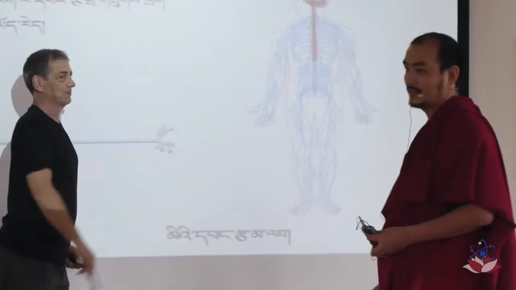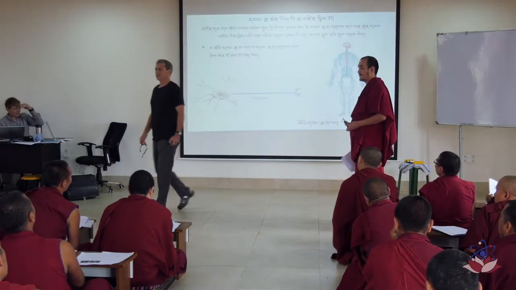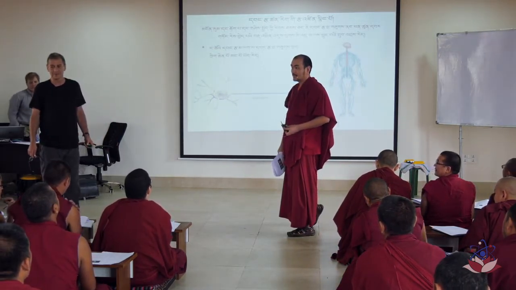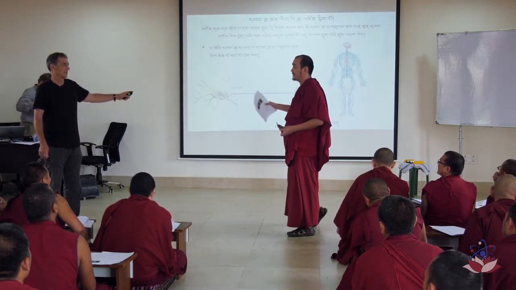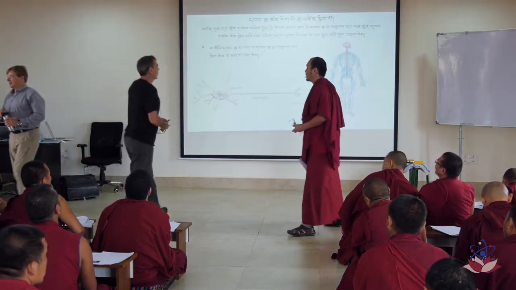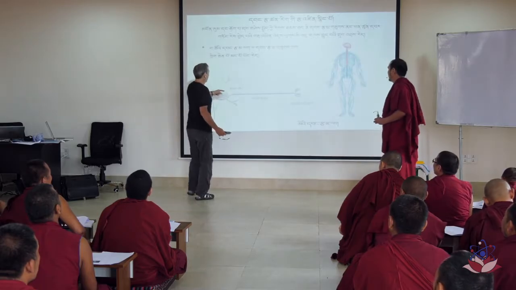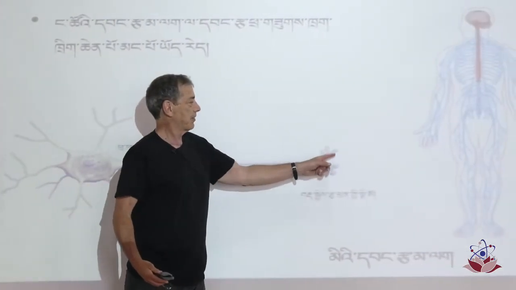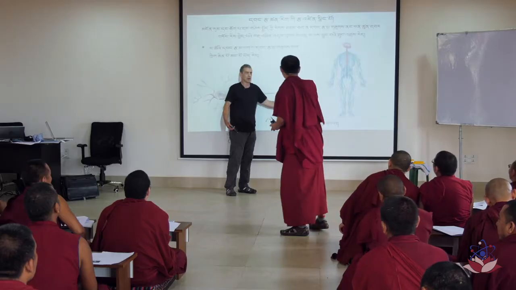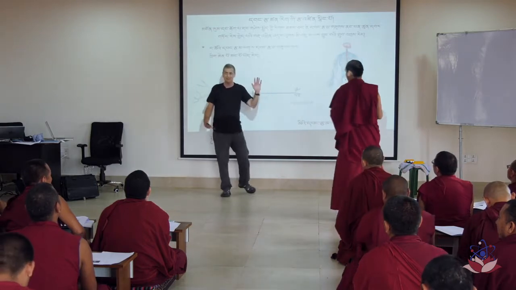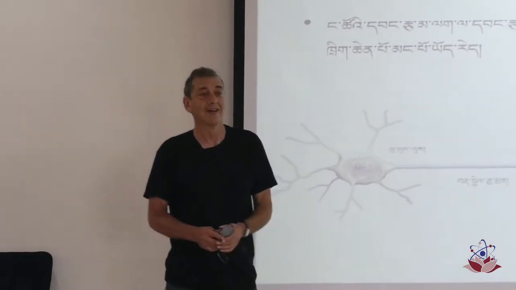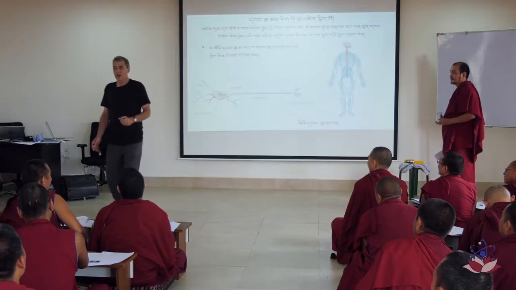And this? Dendrites. Axon tip. Yeah, okay. And what is this? Dendrites, okay.